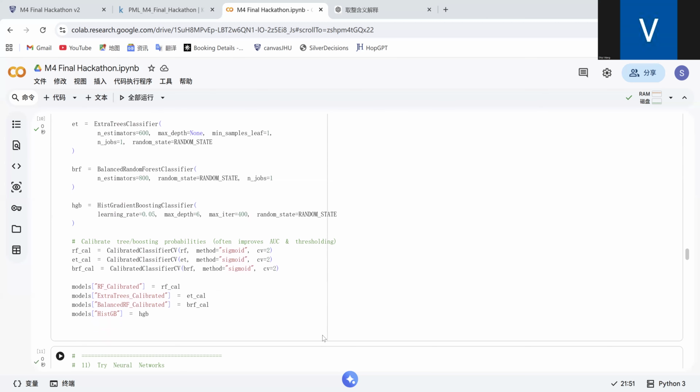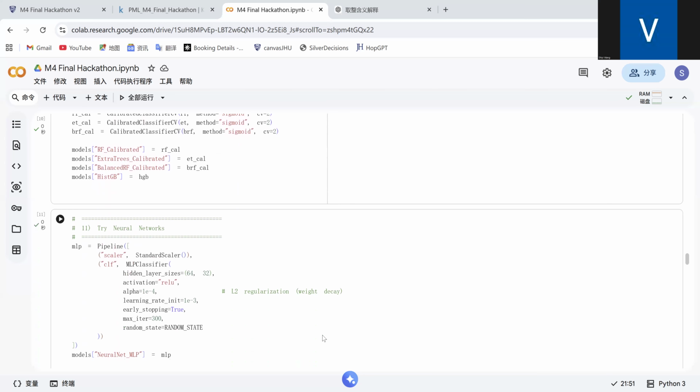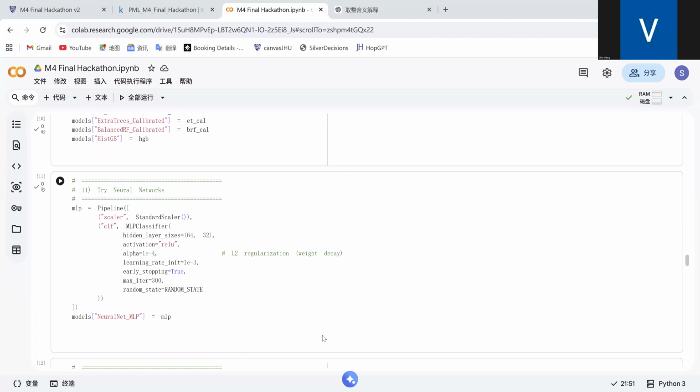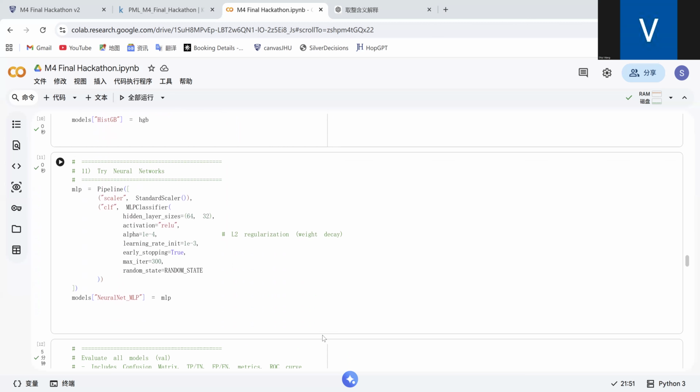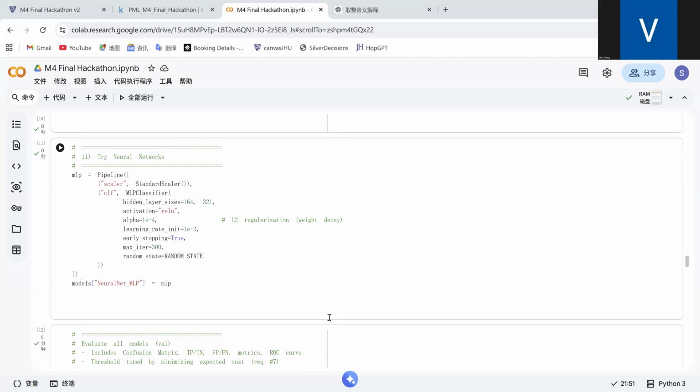I also implemented a neural network with feature standardization, L2 regularization, and early stopping. While the MLP performs competitively, tree-based ensembles remain more stable and easier to calibrate for probability-based evaluation.